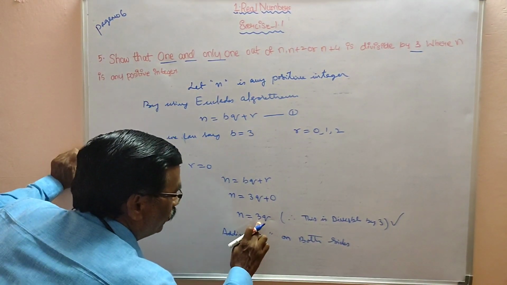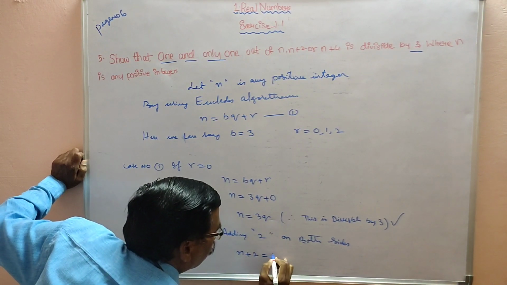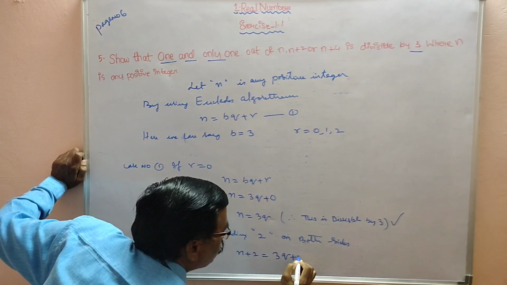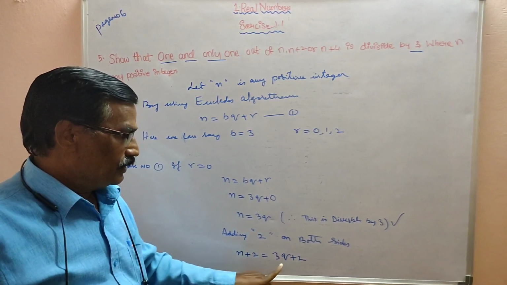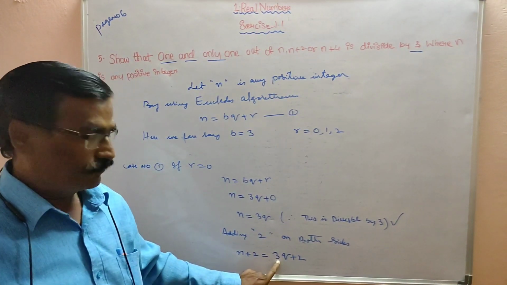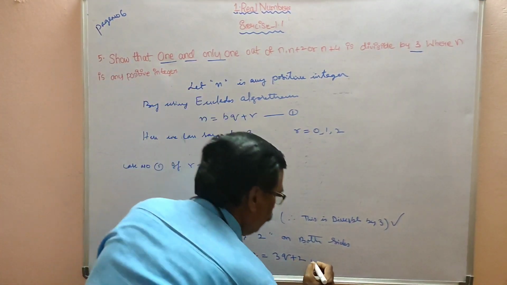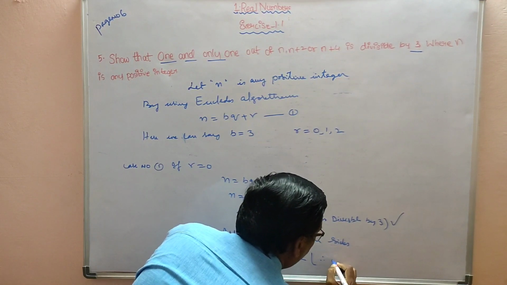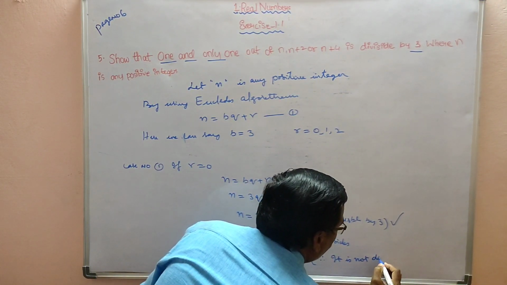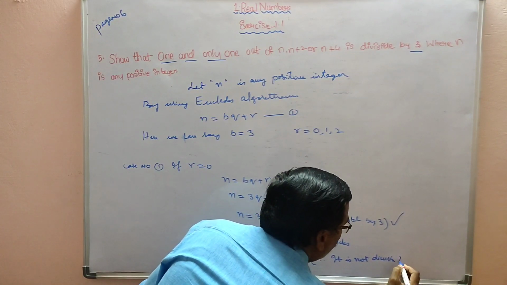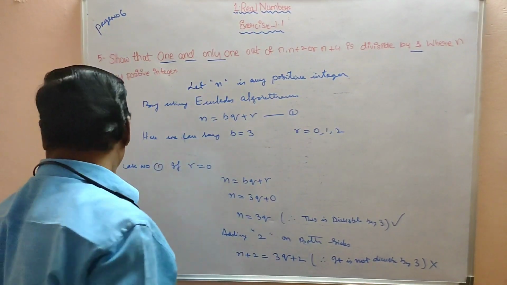What will come here? n plus 2 equal to 3q plus 2. This 3q is divisible by 3, but this 2 is not divisible by 3. Therefore it is not divisible by 3.